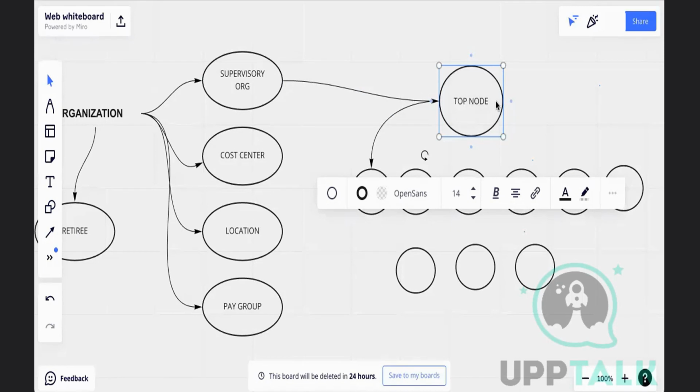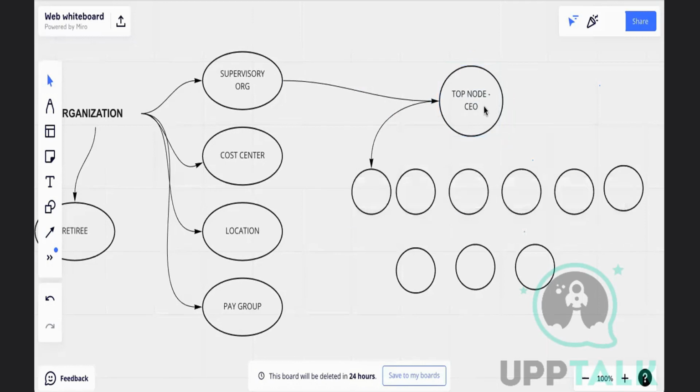So that top node can be the CEO or someone from the executive management group, someone from the investor group, whoever that person is. Now, after that, you will have certain levels, like this is level 1, this is level 2. Based on how your business names it, you can keep it level 0, level 1, level -1, level -2. It can be anything. You name it, you can have it.